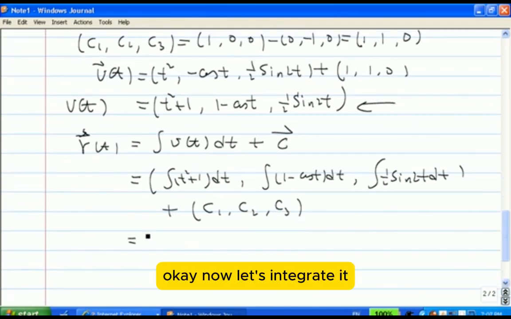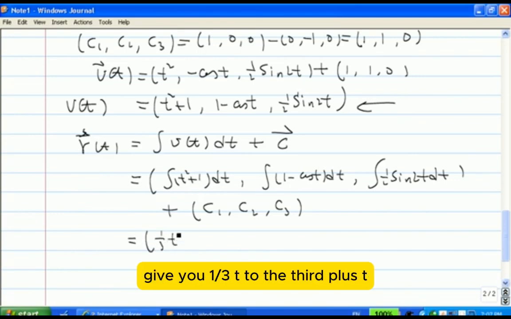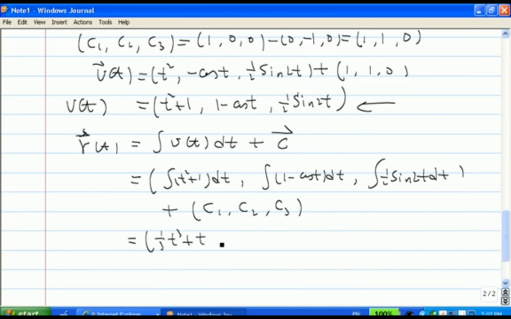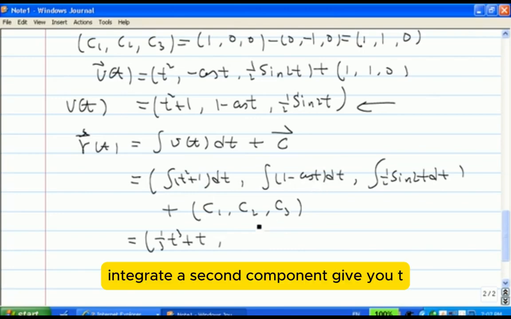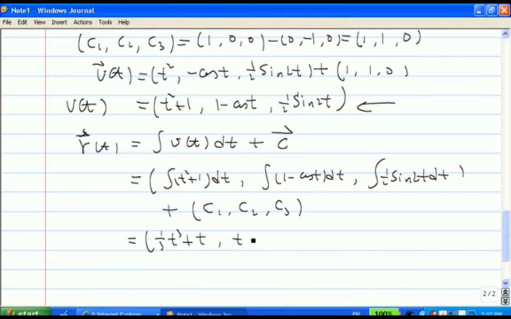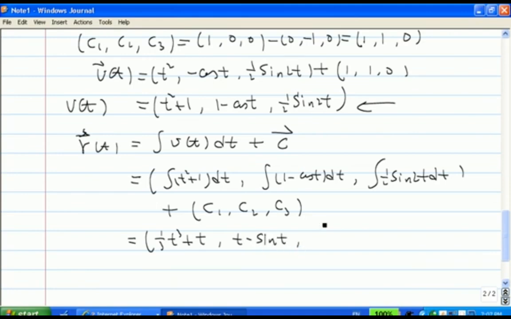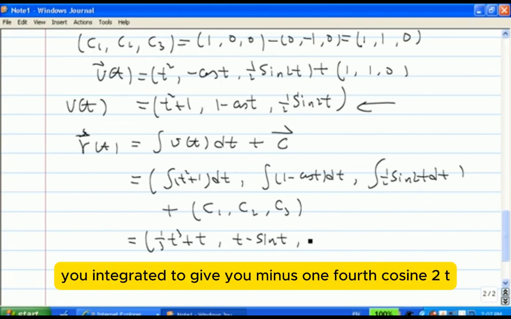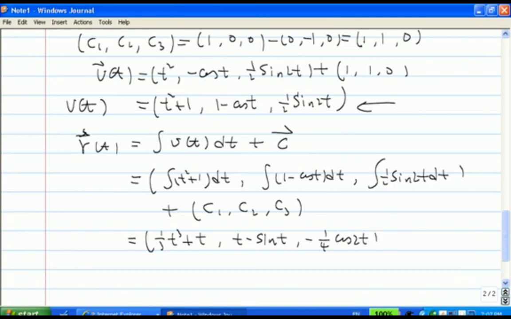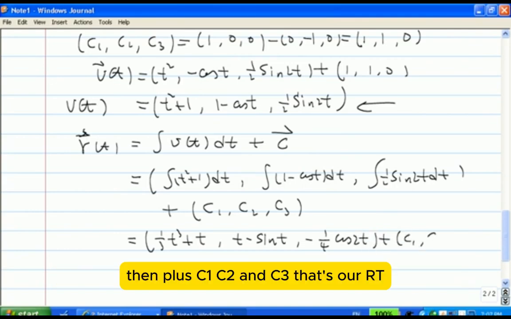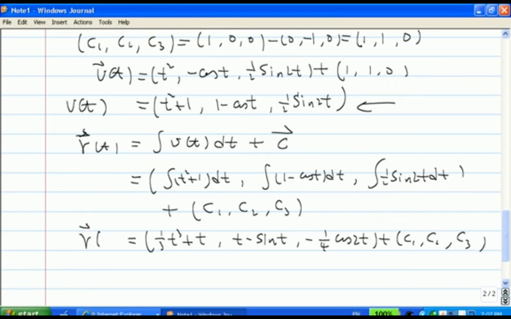Okay, now let's integrate it. t squared integrates to 1/3 t to the third, plus t integrates 1 to give t. Integrating the second component: t minus cosine t gives t minus sine t. The last one, integrated, gives minus 1/4 cosine 2t. Then plus C1, C2, and C3. That's our r of t.